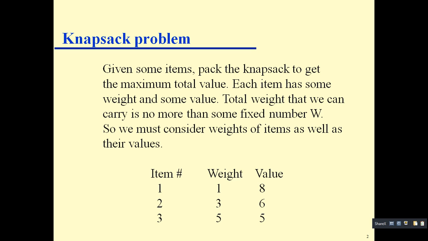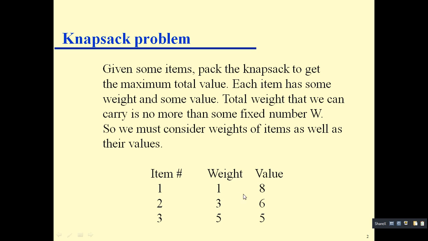So now the thief cannot pick this item 3 at all, right, because its weight is exceeding that knapsack capacity 4. So the thief can either pick this one or he can pick this one.